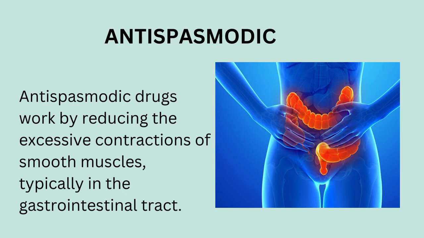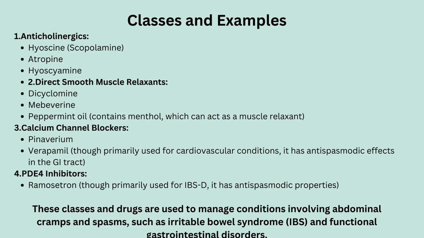Next class to discuss is antispasmodic drugs. They work by reducing the excessive contractions of smooth muscles, typically in the gastrointestinal tract. Classes and examples: 1. Anticholinergics: hyoscine, atropine, hyoscyamine. 2.